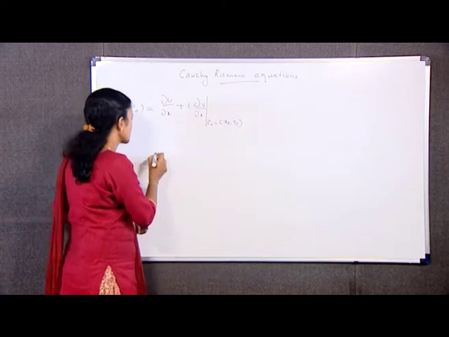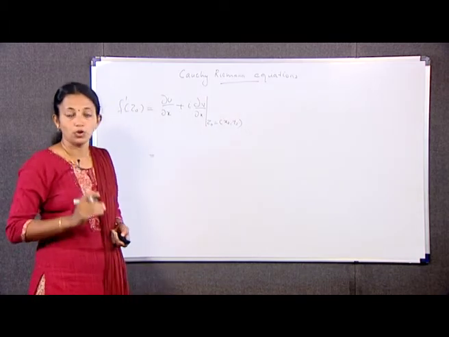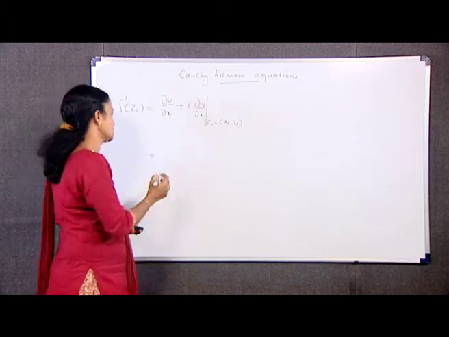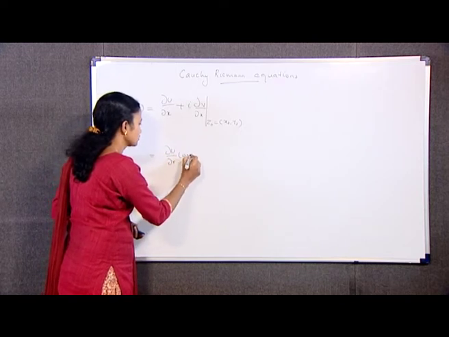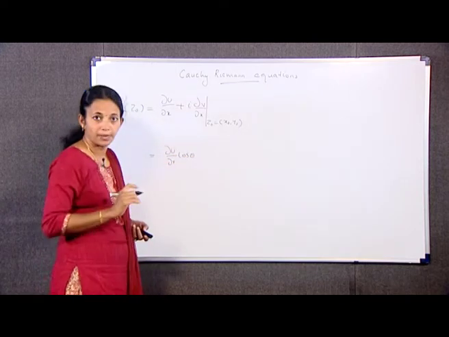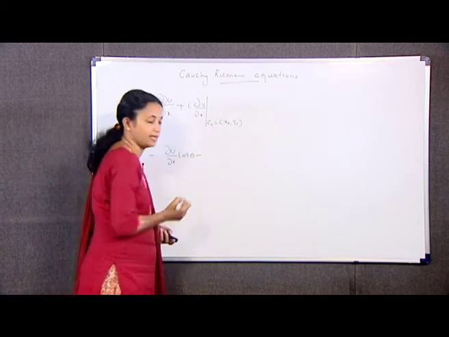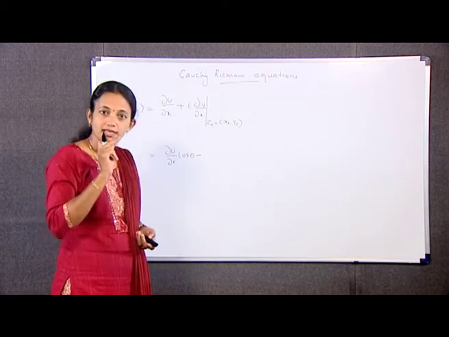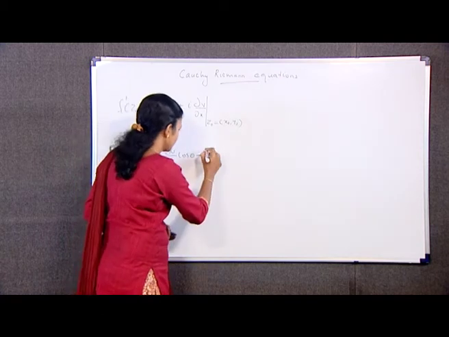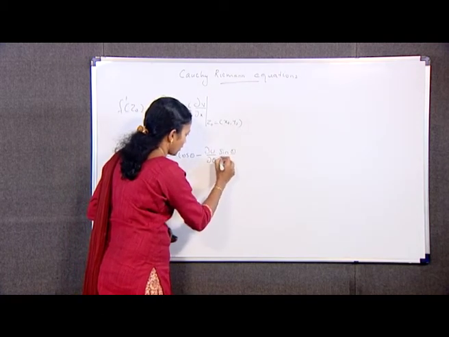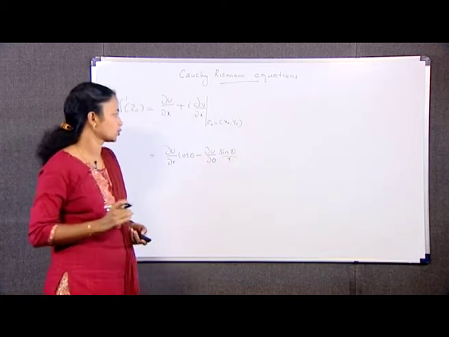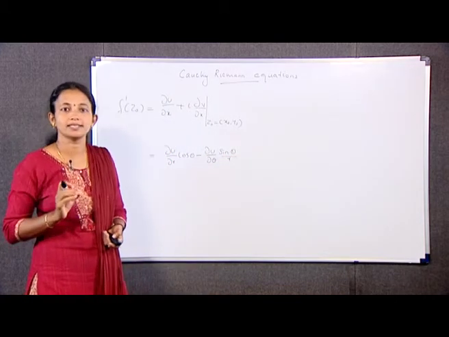Which I can write as dou u by dou r into cos theta, minus dou u by dou theta into sin theta by r.